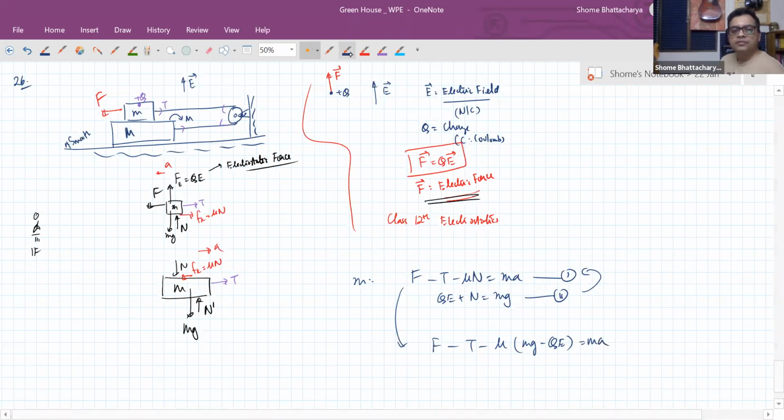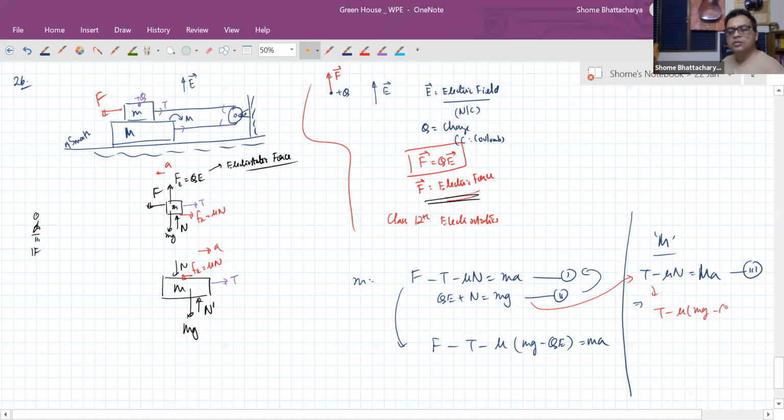Okay. And then for the capital M block, we have the equation T minus mu N is equal to capital M a. So this is our third equation. So again, substitute this N over here. So this will give us T minus mu times the normal reaction is equal to M a. Okay.